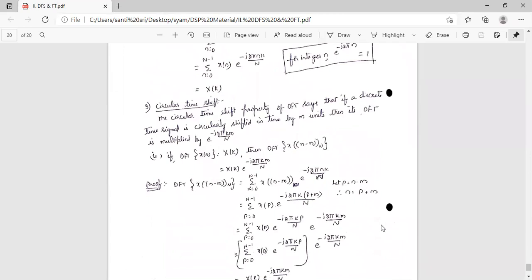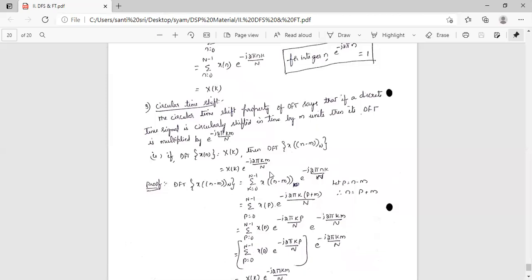In the same manner, circular time shift. If the DFT of x of n is x of k, then the DFT of x of n minus m is x of k into e power minus j 2 pi k m by n. This was also proved.